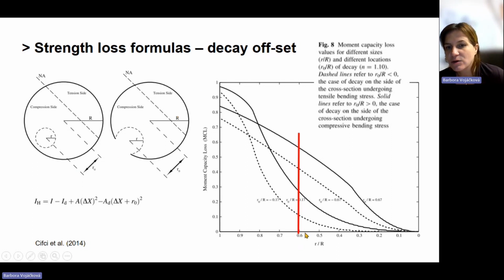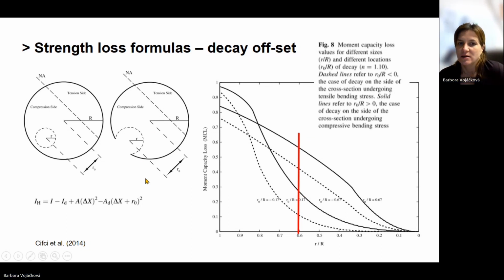Now we can see what is happening: it causes about 15 to 20% capacity loss on the tangent side, and about 30% capacity loss on the compression side.